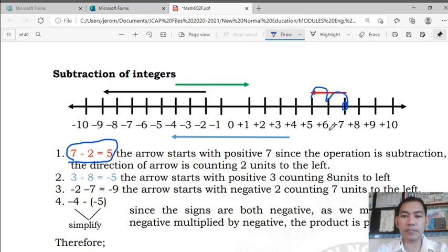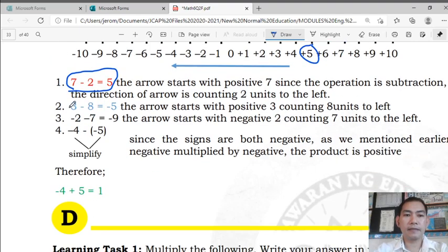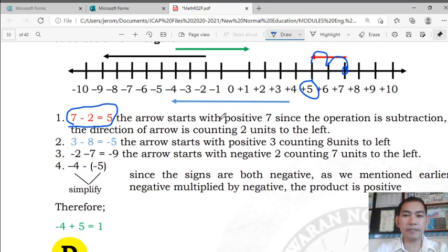So the answer is positive 5. Okay. Positive 3, this one is positive 3, our starting point. Minus 8, meaning 8 jumps to the left, including 0. 1, 2, 3, 4, 5, 6, 7, 8. So the answer is negative 5. Okay.